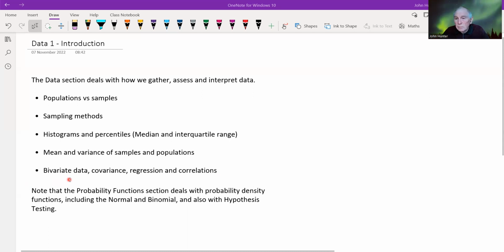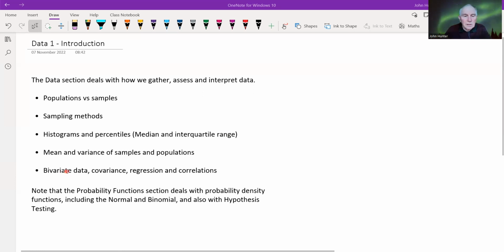This is where we're taking pairs of data, where we believe there may be some relationship between those two things, people's weight and their height, people's, I don't know, age and IQ. Maybe things like that.